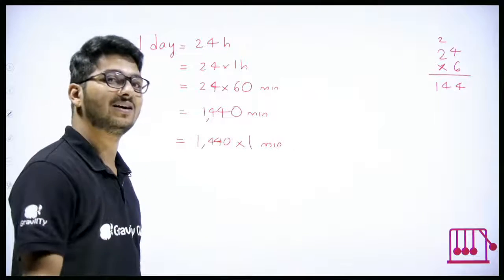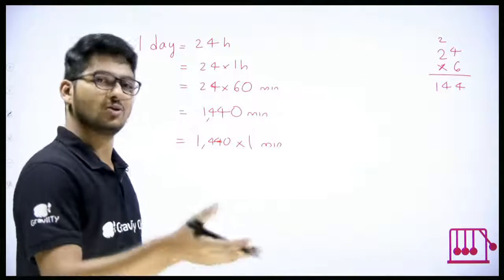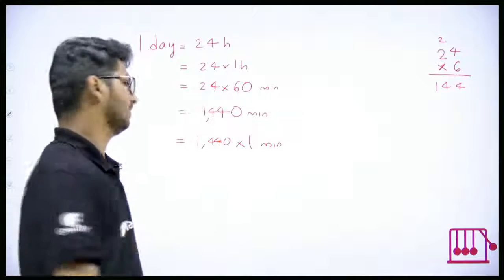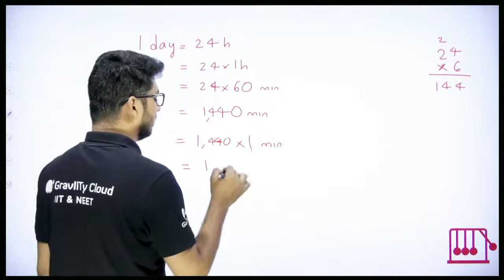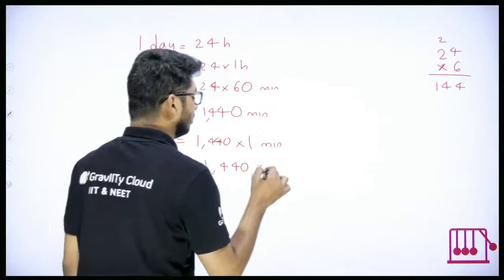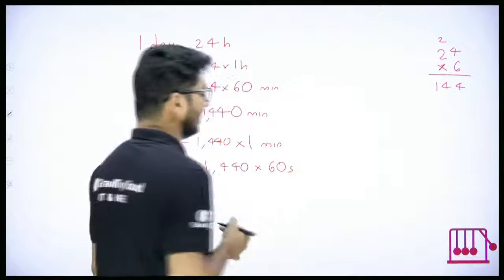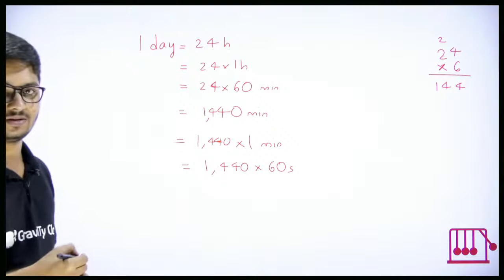1440 into 1 is equal to 1440. The same. But what is 1 minute equal to? 1 minute is equal to 60 seconds.